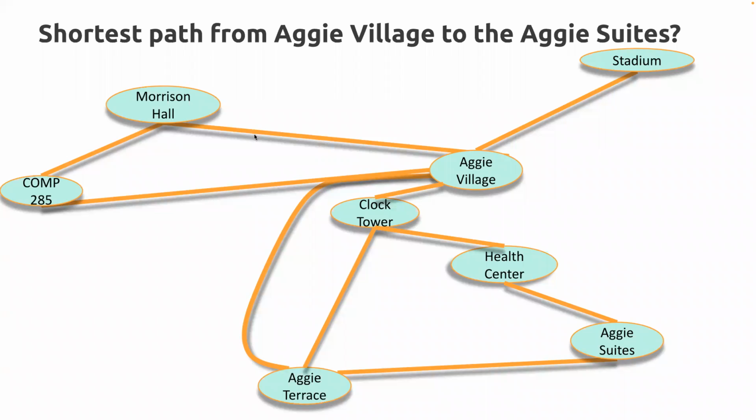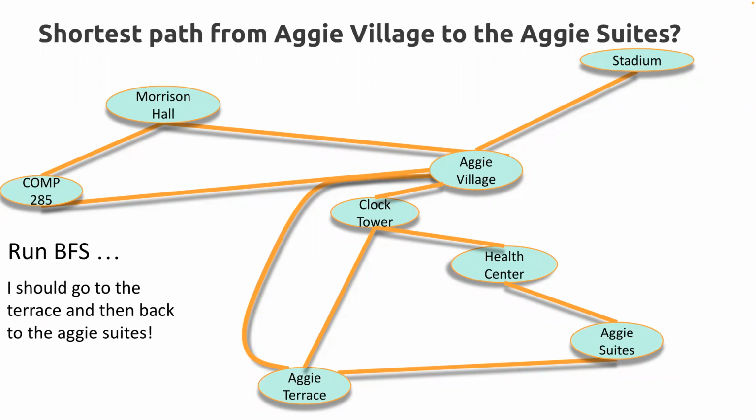Breadth first search, okay? So you might say, based on what we've learned, let me run BFS on this. I can start it at Aggie Village. But then what that tells me is actually the shortest path, according to BFS, is to follow this edge to Aggie Terrace and then follow this edge to Aggie Suites.